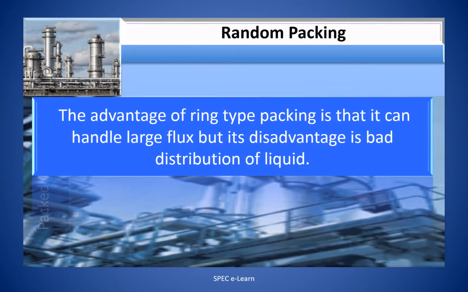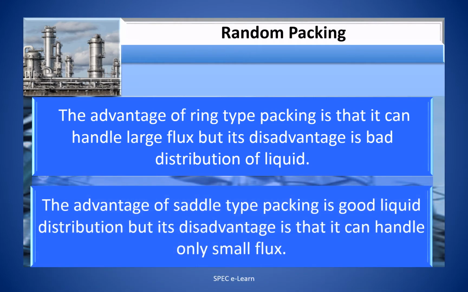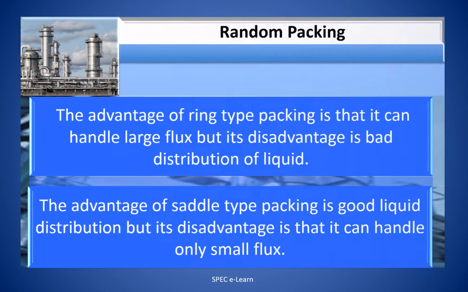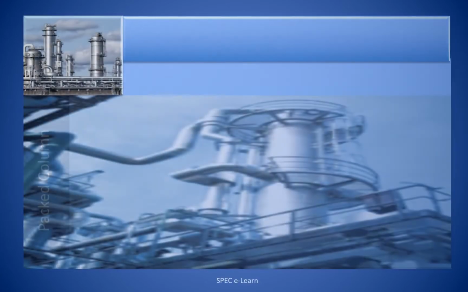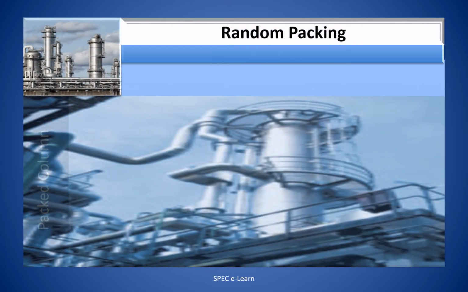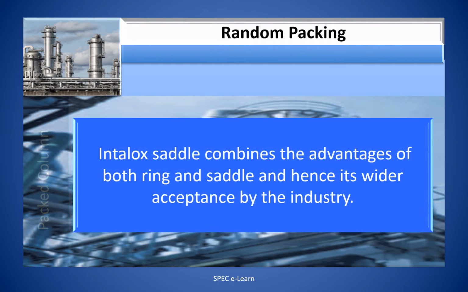The advantage of ring type packing is that it can handle large flux, but its disadvantage is bad distribution of liquid. The advantage of saddle type packing is good liquid distribution, but its disadvantage is that it can handle only small flux. Intalox saddles combine the advantages of both ring and saddle types, and hence its wider acceptance by the industry.